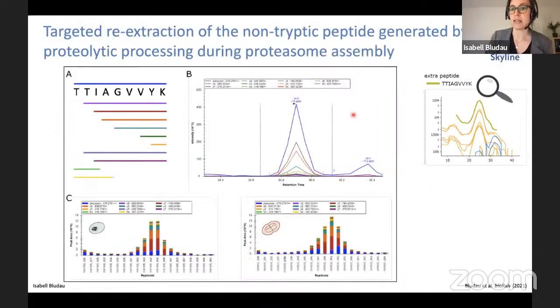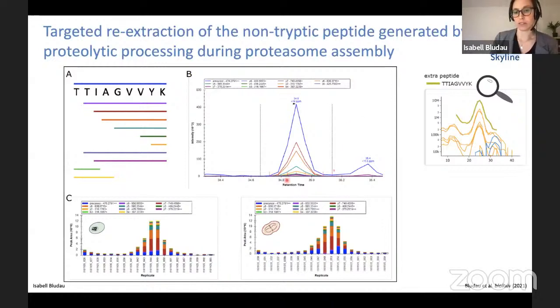So what we did is we actually went to Skyline and leveraged the beautiful feature of DIA that we can go back and re-extract information that we didn't think of before. So we took the non-tryptic peptide spanning this propeptide cleavage site and performed a targeted extraction.